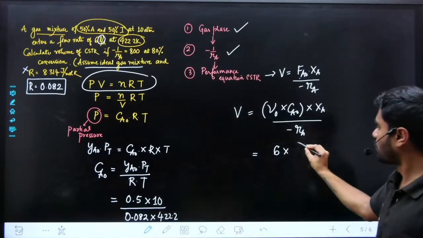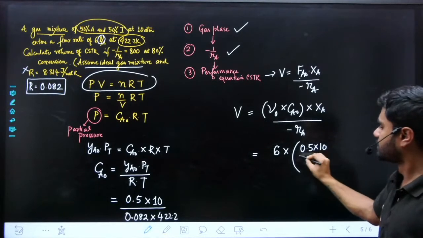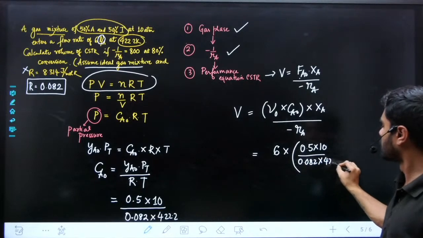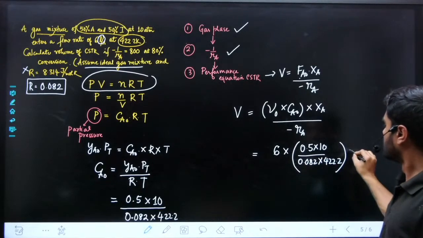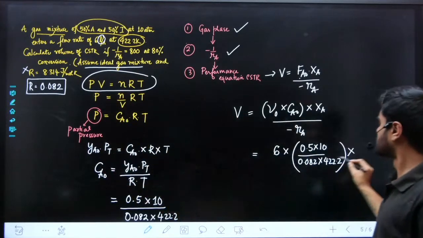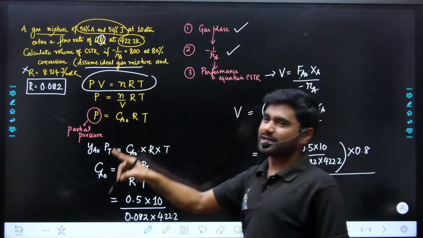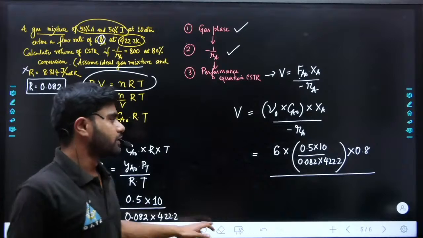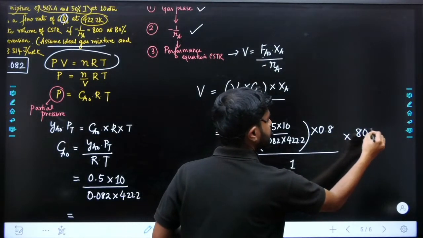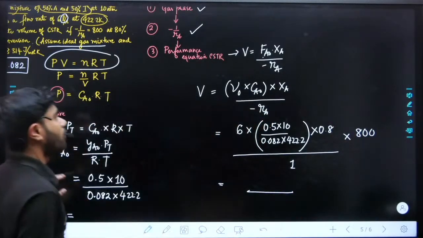So I'm writing the whole expression here: 0.5 into 10 by 0.082 into 422.2, into Xa. Xa is directly mentioned, just write it as 80%, which is 0.8, by minus 1 by Ra, multiplied by 800. Just make sure it is 1 into 800. This will give you the final answer for the volume of the MFR.